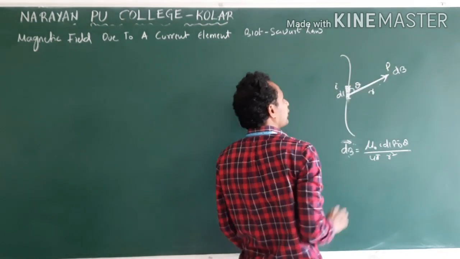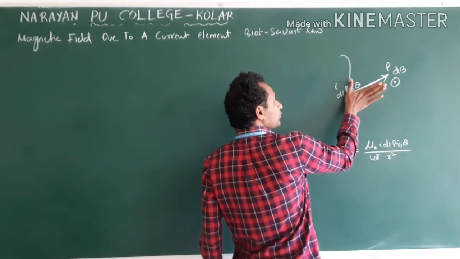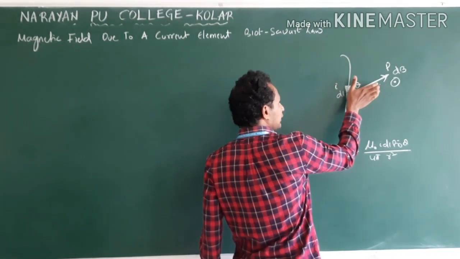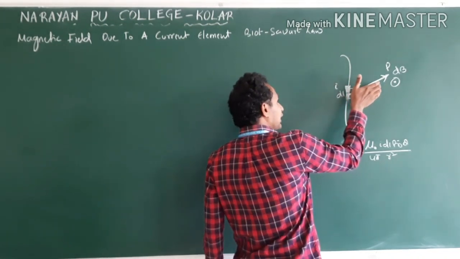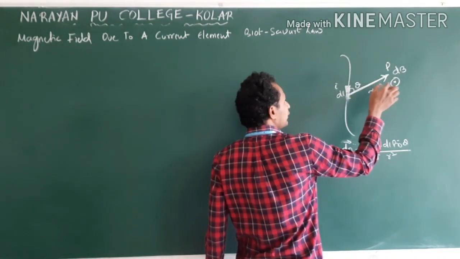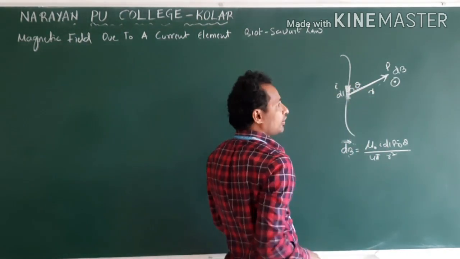It is moving in, so this is a dot. Keep the thumb in the direction of current and curl it. Now the direction of the curling fingers at point P we need to concentrate. If the fingers are moving in, that is a dot. If the fingers are coming out, then that is a cross.